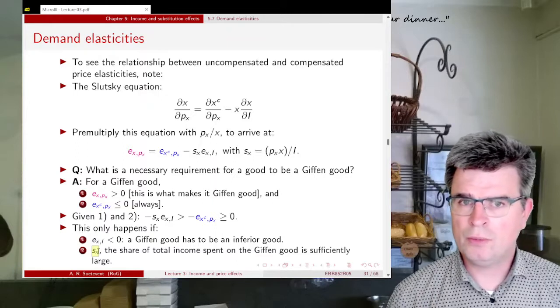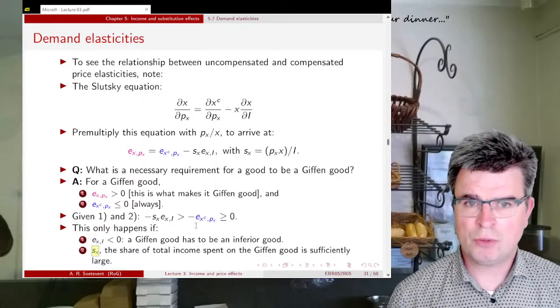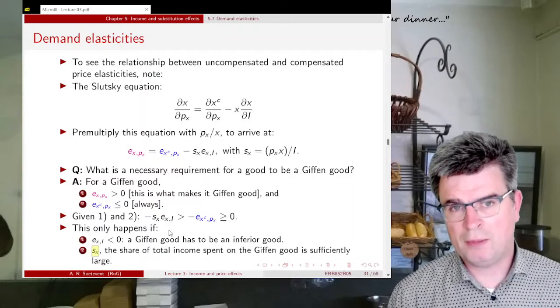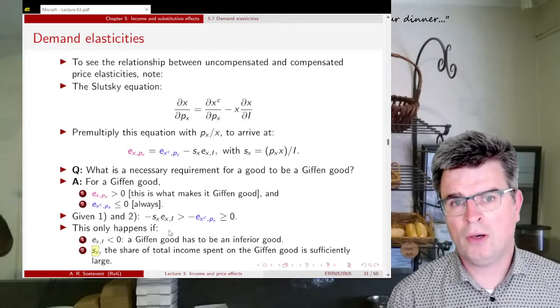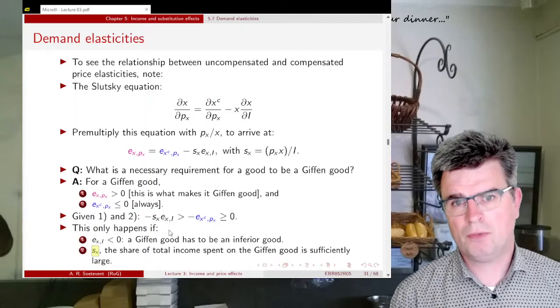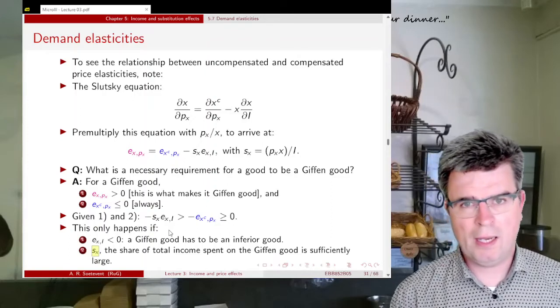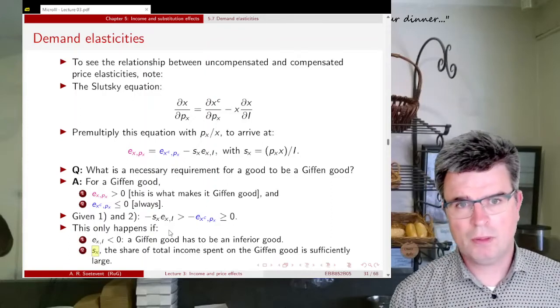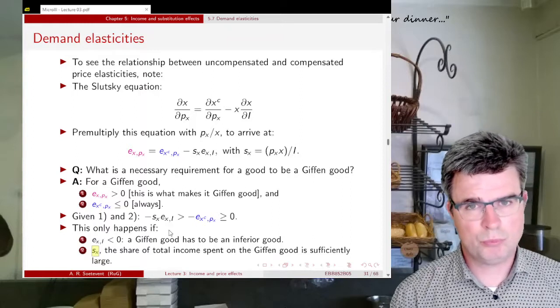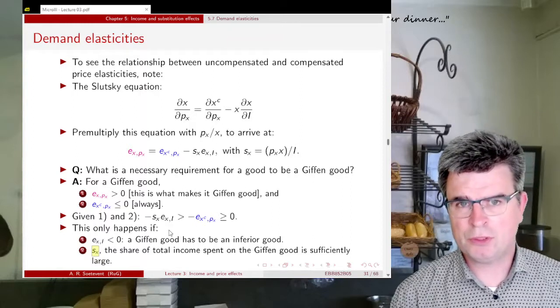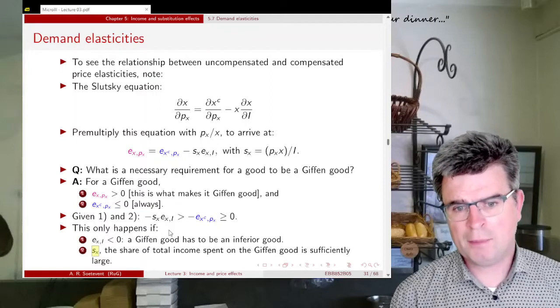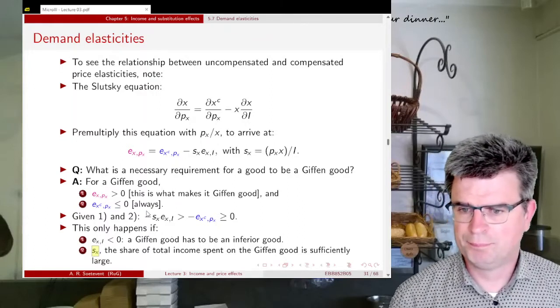So goods that may classify as Giffen goods are goods on which you spend a high share of your income. So energy, food, so basic foods like potatoes, they might be a Giffen good.